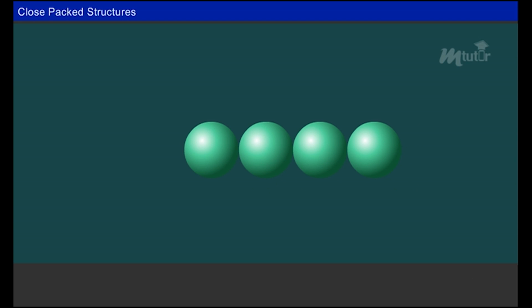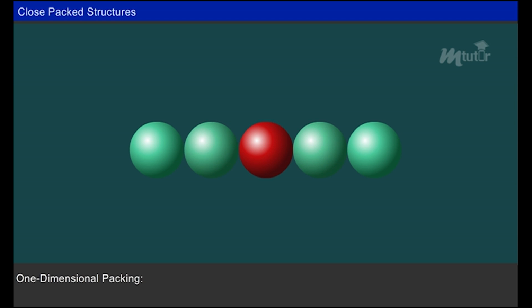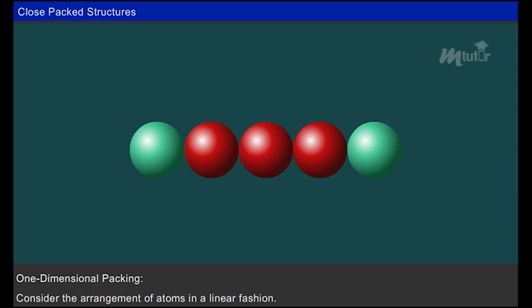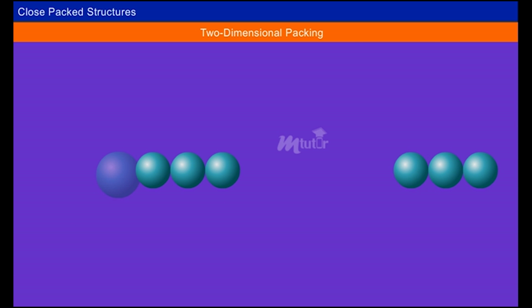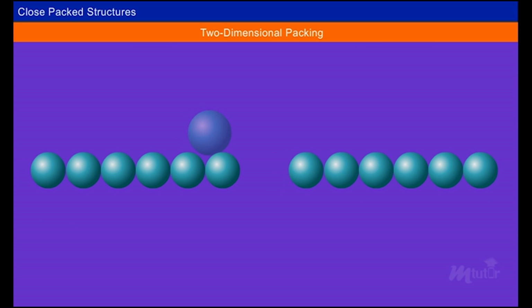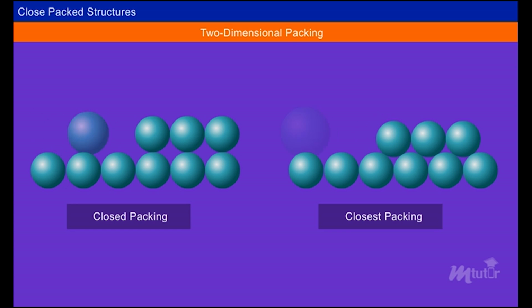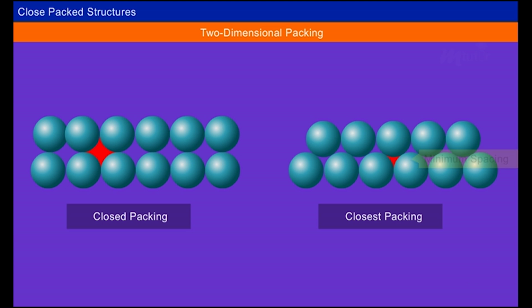Consider the atoms of a metal to be hard spheres, and on packing these spheres in one dimension, we would end up with an arrangement of atoms in a linear fashion with a coordination number of 2. While arranging in two-dimensional packing, we can either arrange the second row of spheres one below the other, or we could also place the second row of spheres not exactly below so as to minimize the spacing.